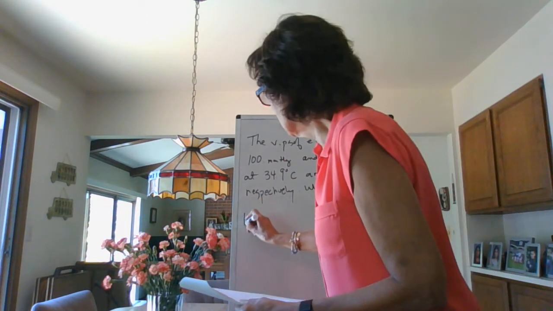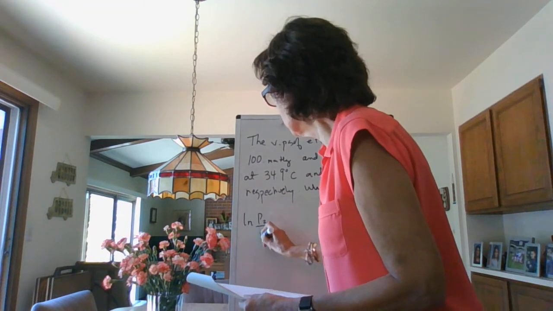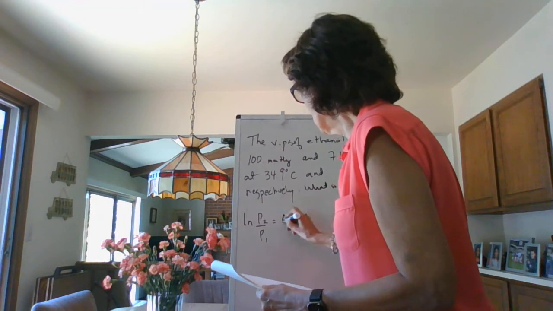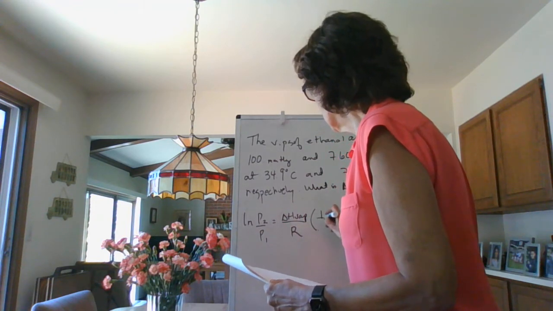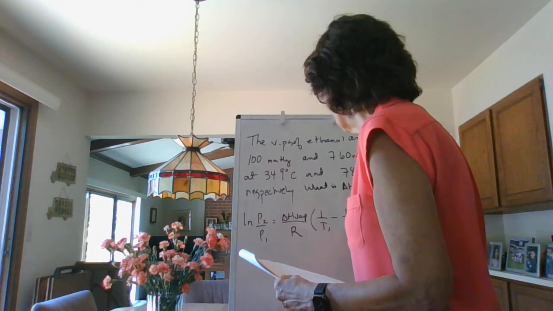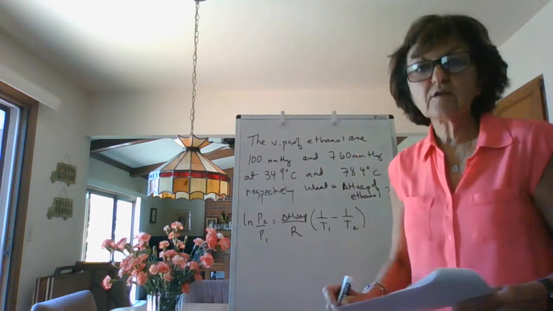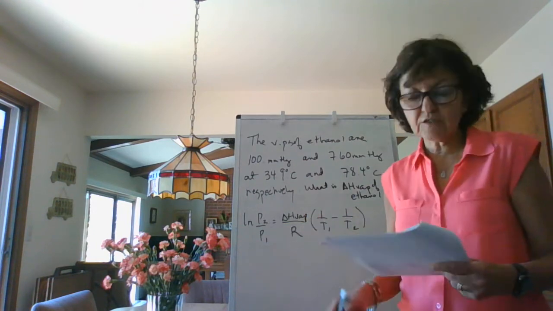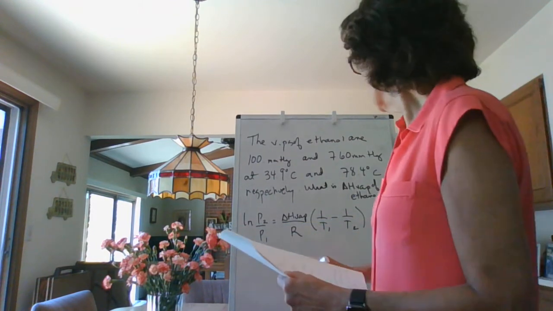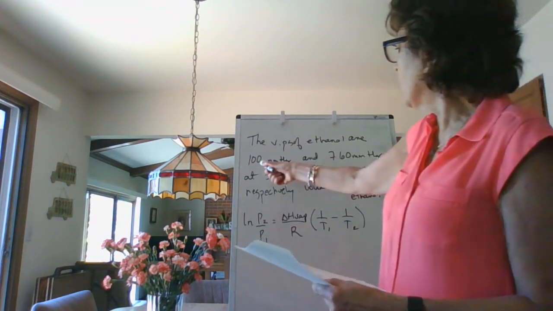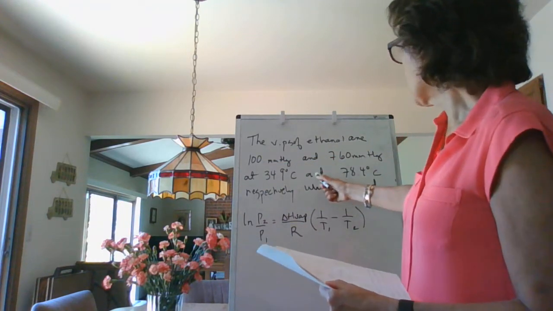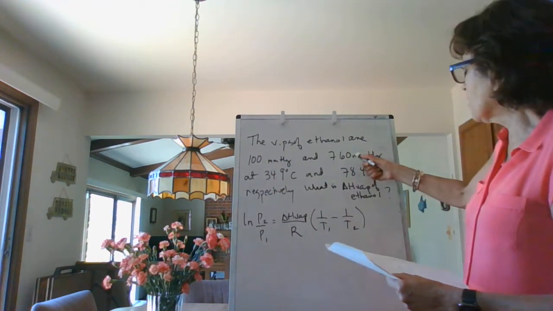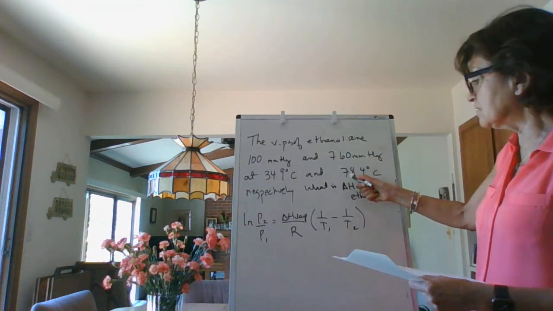So ln P2 over P1 is equal to delta H of vaporization over R, times 1 over T1 minus 1 over T2. All right, you know the drill. We're going to plug and chug, and we're solving for delta H of vaporization. So our P1 is this guy, 100. This is our T1. This is our P2, and this is our T2.